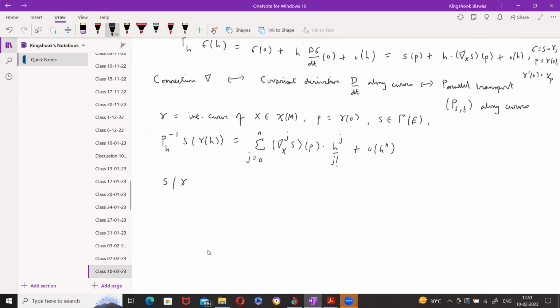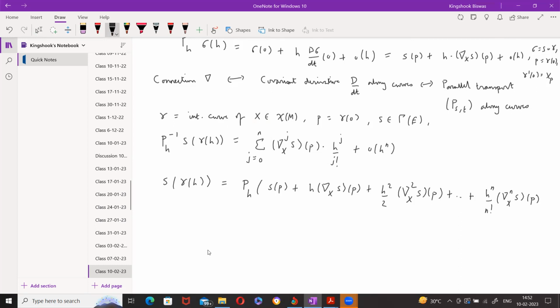S at the point gamma of h is equal to pH applied to S P plus h nabla x S P plus h squared over 2 nabla x squared S at P plus, up to, h power n over n factorial nabla x power n S at P.